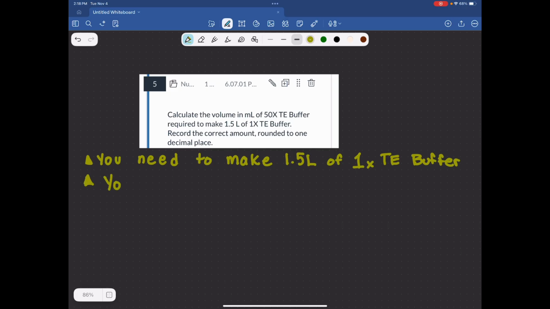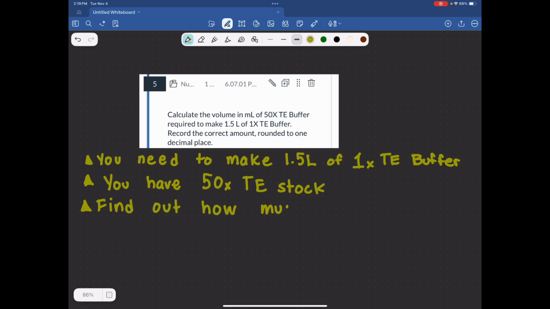You have 50x TE stock, so really what you want to do is find out how much of the 50x stock you should use.